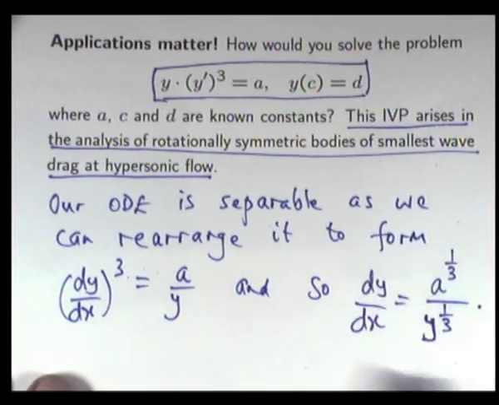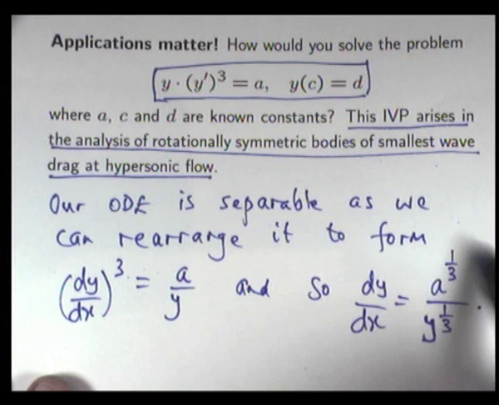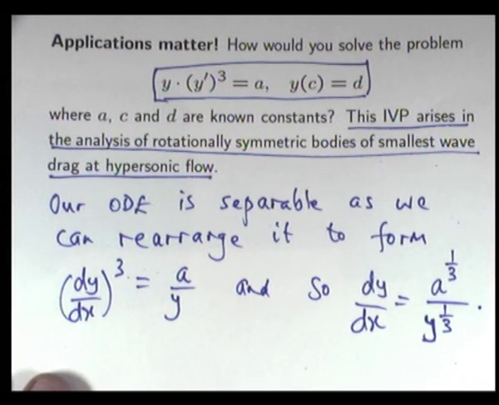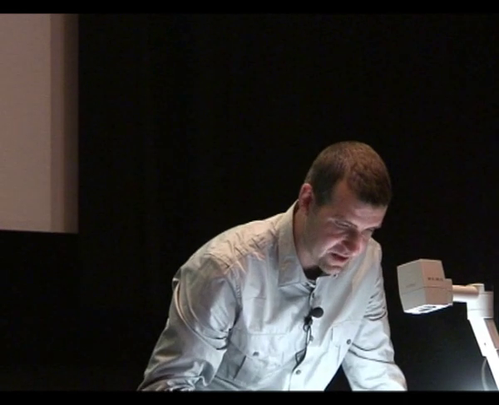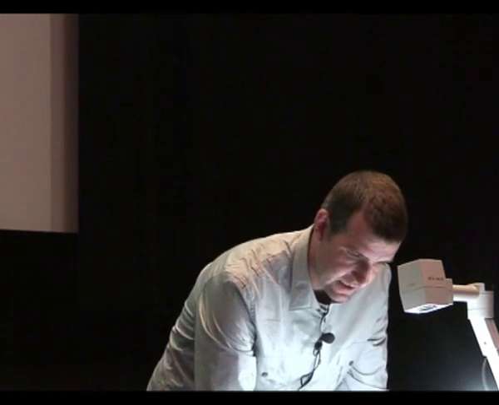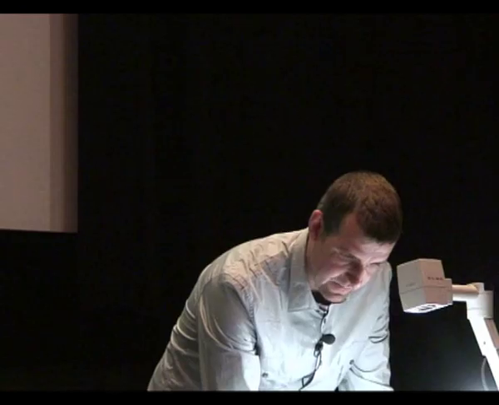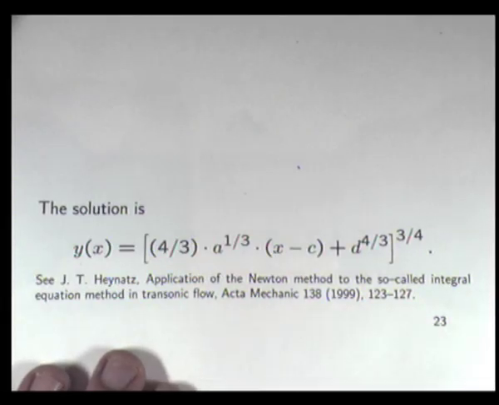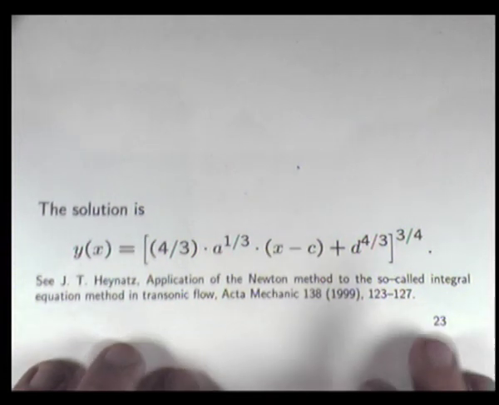So this is a separable differential equation. You would separate and integrate and then form the solution somehow. Okay, now the solution is given here. I'm not going to do that. I'm going to let you independently learn and formulate that solution. Okay, so good luck with it.